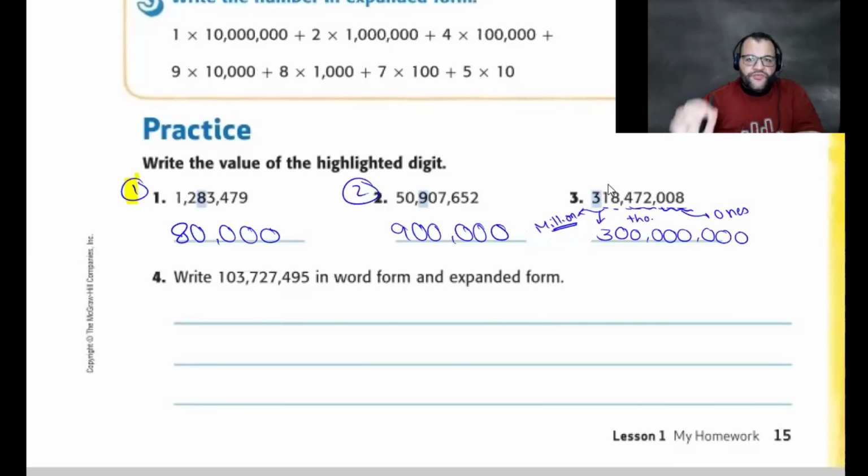Each period is formed from 3 digits: ones, tens, hundreds. Now 3 lies at the 100 million place. So 3 in 100 million will be 300 million. You understand how we can read it? You understand how we can find this one?